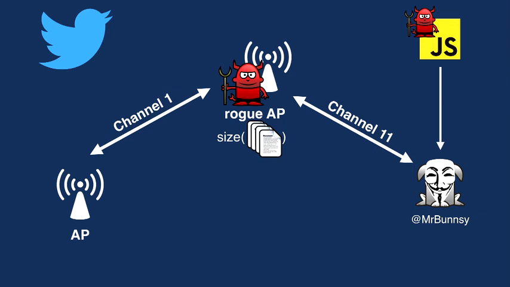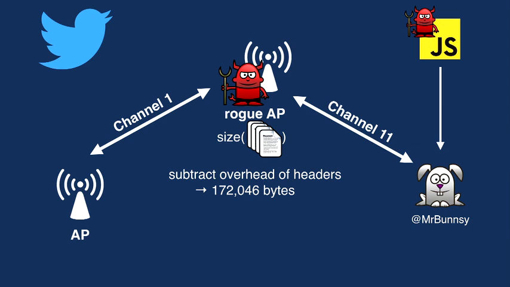At that point, all the attacker has to do is subtract the overhead from the headers, so from the TCP/IP headers and the Wi-Fi headers, and then again he gets the exact size of the resource, revealing the identity of Mr. Bonzi. So in a nutshell, that's how the Wi-Fi traffic analysis attack works.